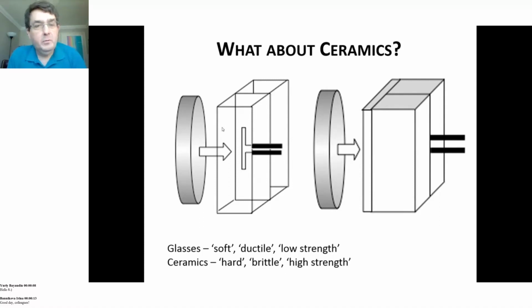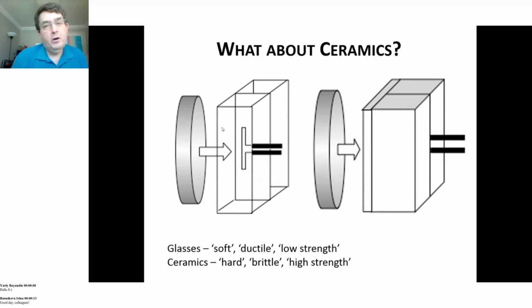What we discovered was, if we did that scenario for a glass target with or without a cover plate, we got the same result. There was a failure wave. But for ceramics, which are hard and brittle and high strength compared to glasses, we got quite different results.